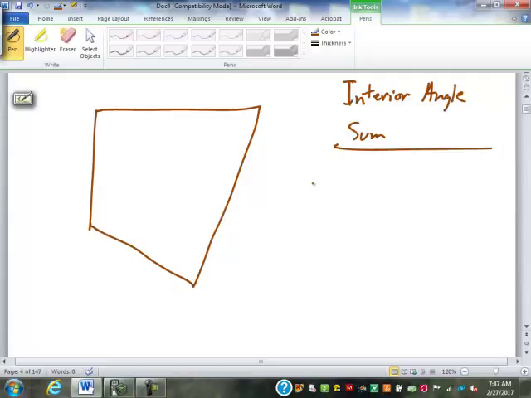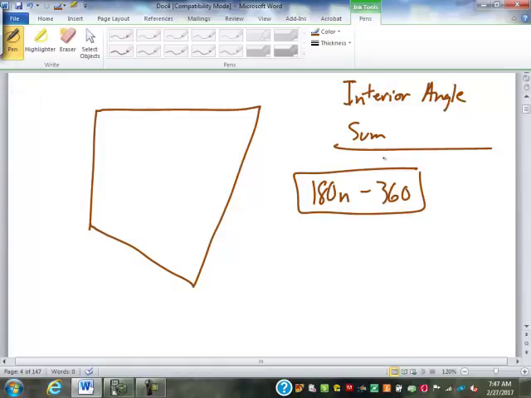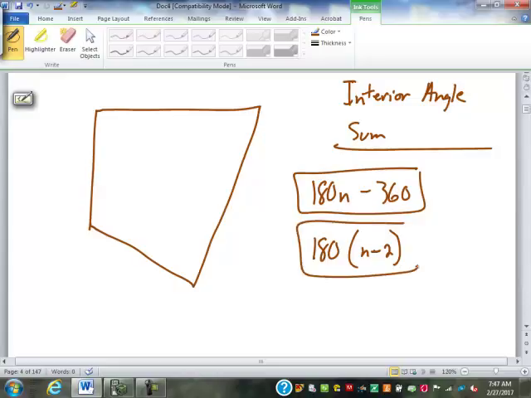One, 180 times the number of angles minus 360. That's that example I showed you with the triangle where we make the turns to go around the outside. Or equivalent to that is just 180 times n minus 2. So this is a little bit quicker form.